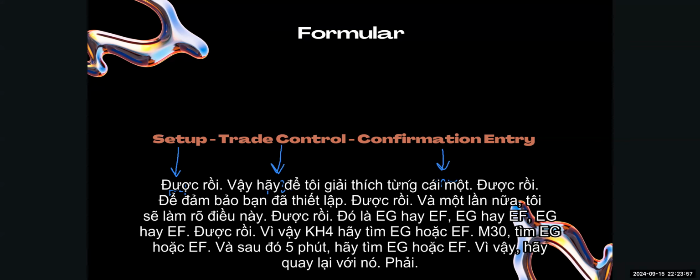Let me explain one by one. Again, to clarify, it's EG or EF. H4 looks for EG or EF, M30 looks for EG or EF, and 5 minute looks for EG or EF.